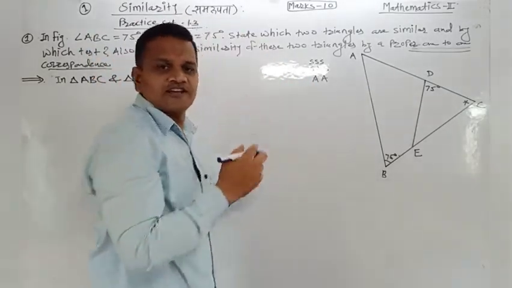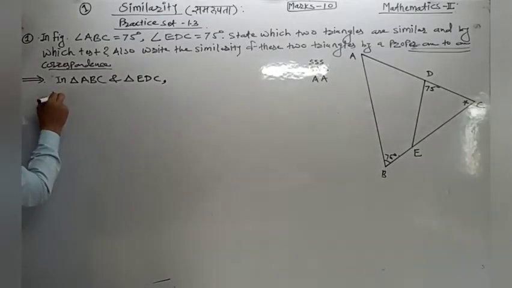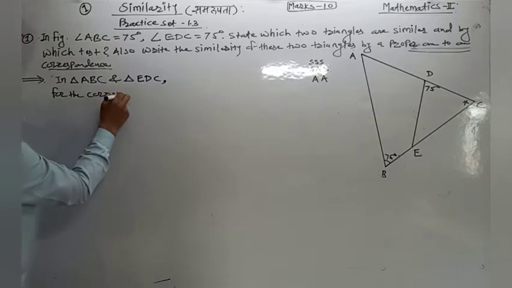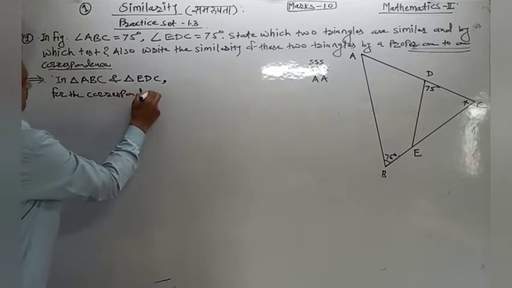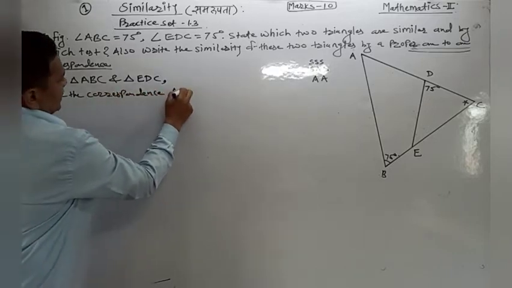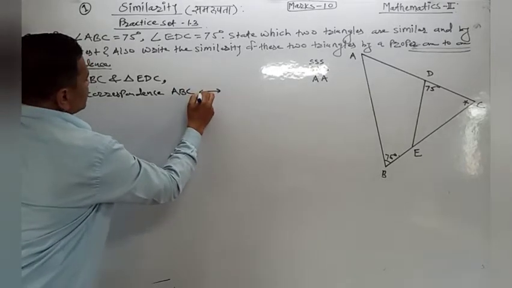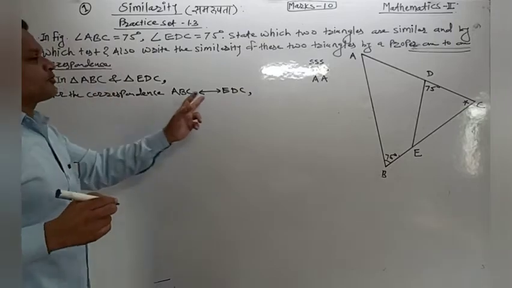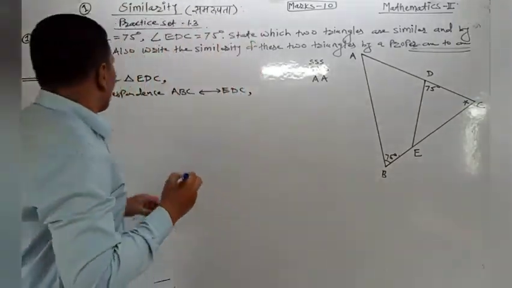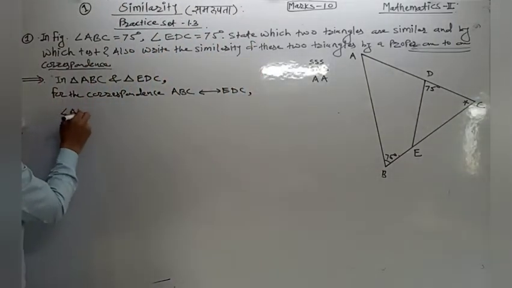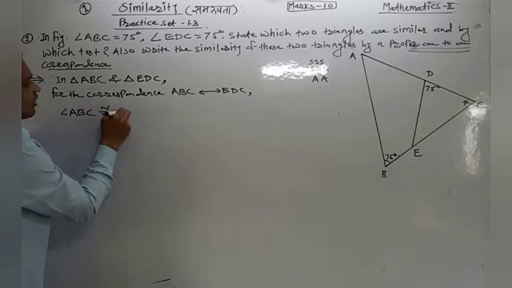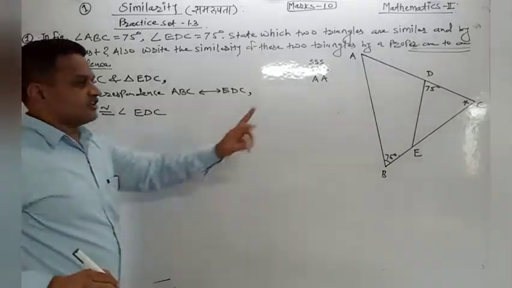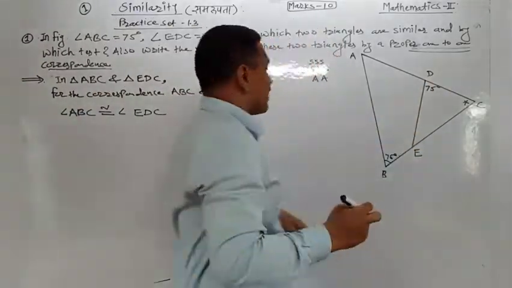Now I am going to write the correspondence separately. ABC corresponding to EDC. Angle ABC is congruent to angle EDC. Why?